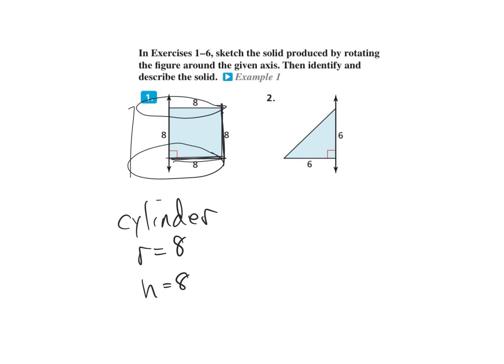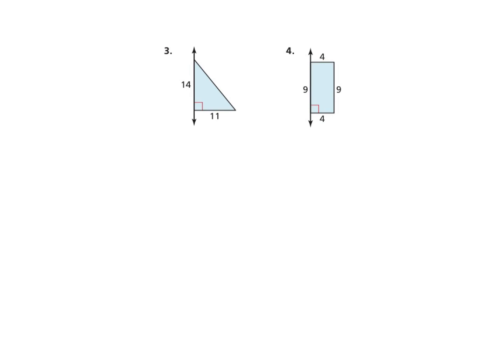Number 2, as we rotate this around, you get a cone with a radius of 6 and a height of 6. Number 3, so how you would sketch this on your own paper is you could just draw the height, and then like we always do, we just connect the sides and either a circle, which is what we're going to do here.